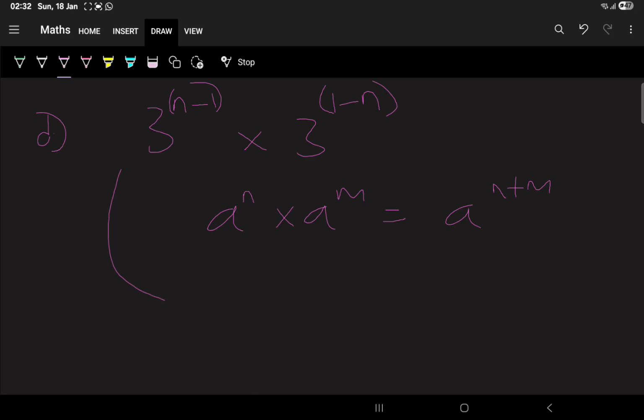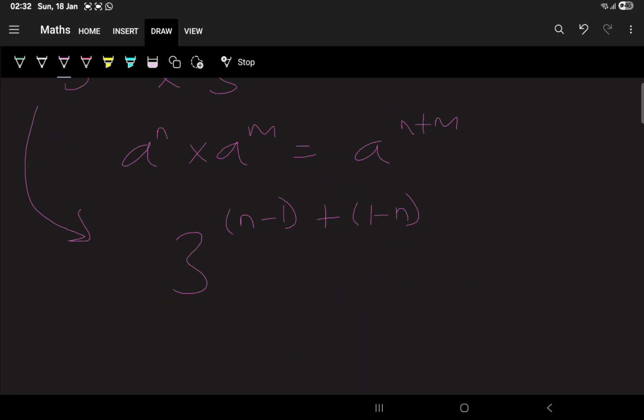Now we apply this here. This is going to be 3 raised to the power of n minus 1 plus 1 minus n. Opening brackets and simplifying, this is going to be n, collecting like terms, minus n minus 1 plus 1.